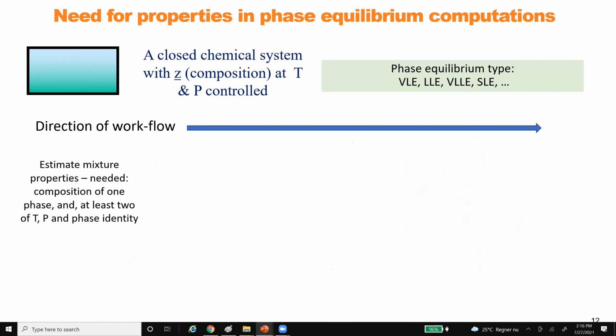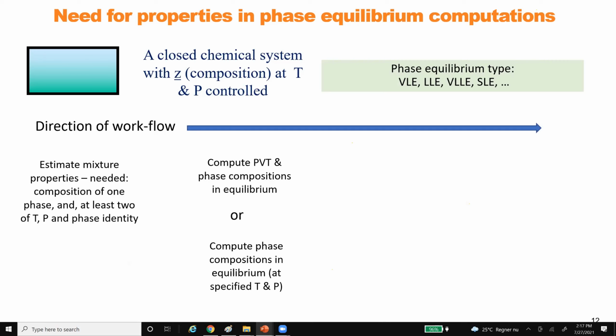So let's first say that we know that we have a two-phase system. We have given the composition of one phase and at least two of the variable values: temperature, pressure, and phase identity. Let's say that we have given temperature, pressure, and the one phase composition.